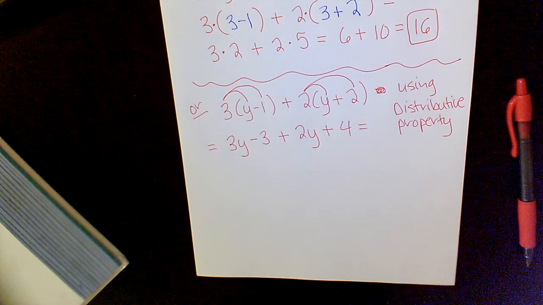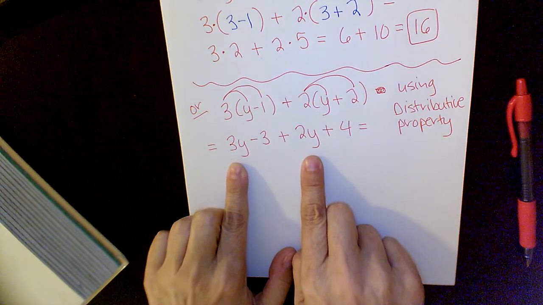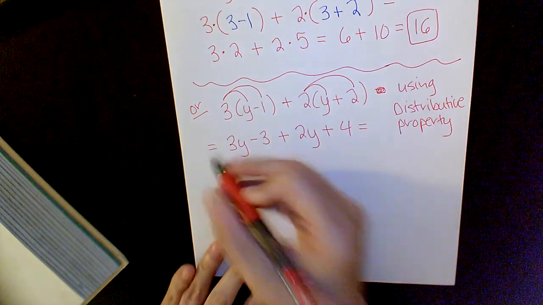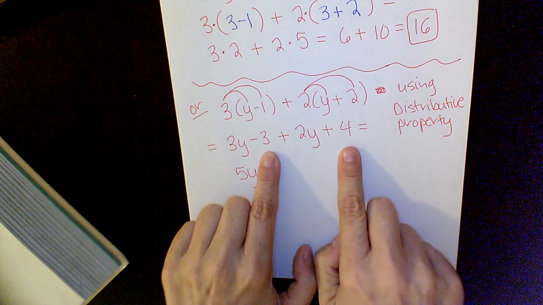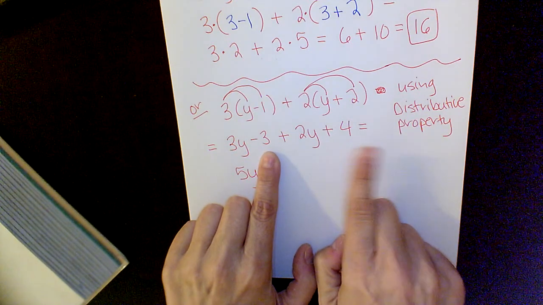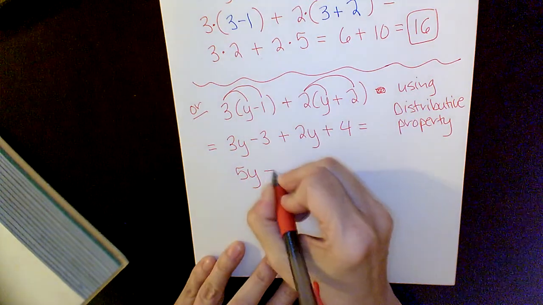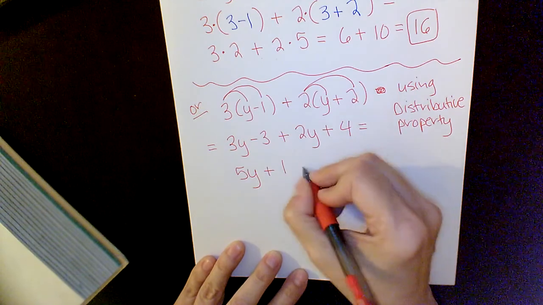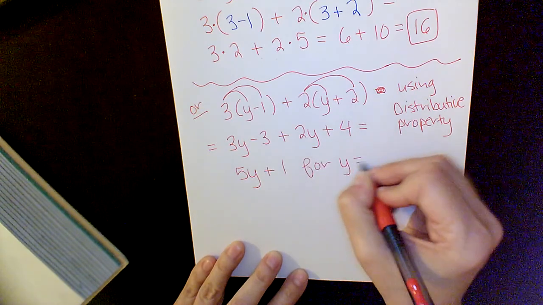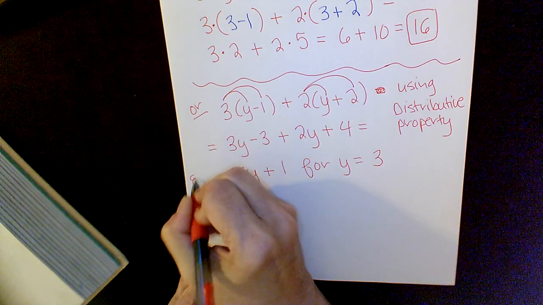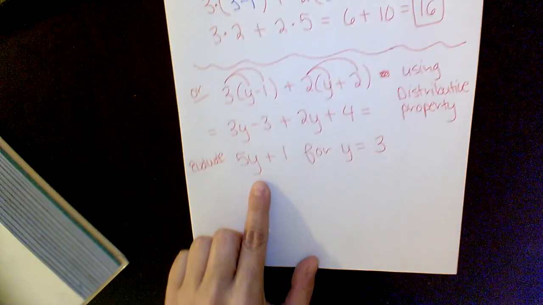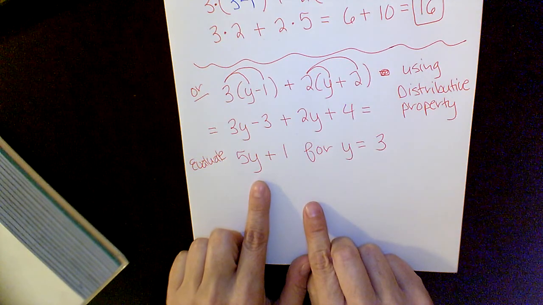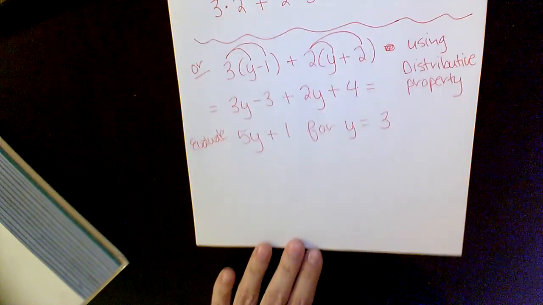Good so far? Then we're going to combine like terms. What's 3y and 2y? Well, 3 and 2 is 5, so this is 5y. And what's negative 3 plus 4? Well, 4 minus 3 is 1, and it's a positive 1. And we're going to evaluate 5y plus 1 for y equals 3.